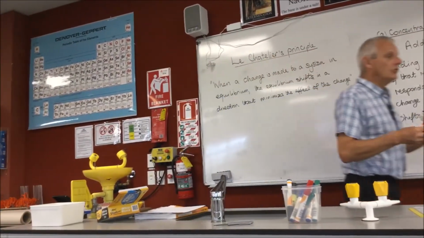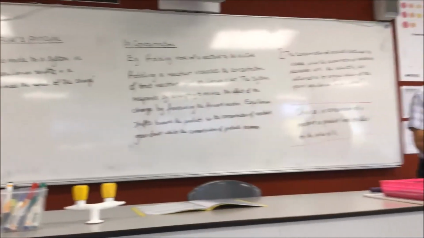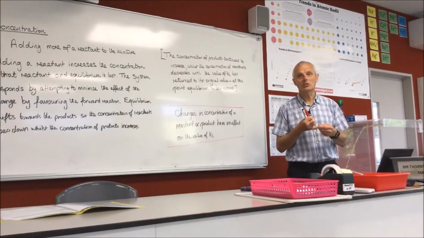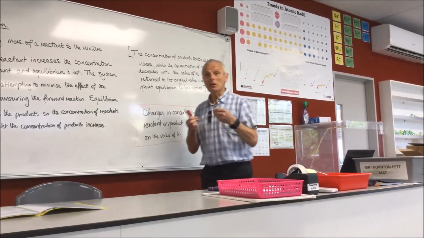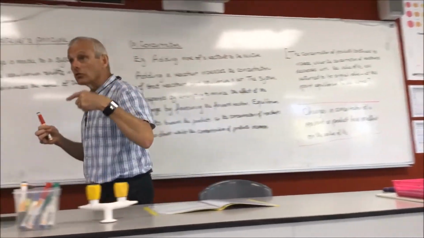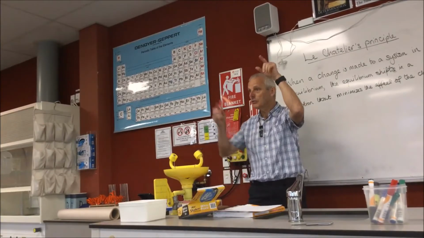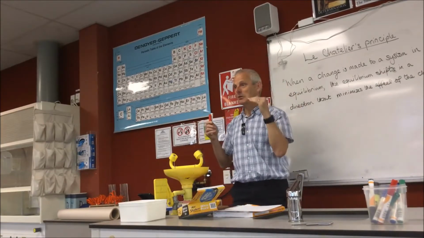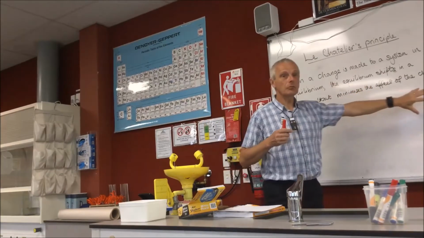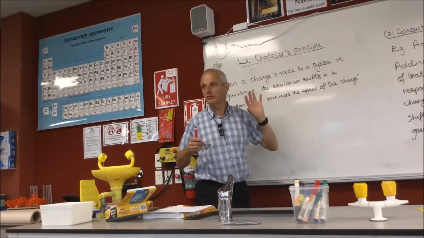So I'll go through it again just to make sure you get the idea. Increasing the concentration of a reactant temporarily means that the KC value, because you've increased the denominator, has gone down. Le Chatelier's principle is applied, so you're favouring the forward reaction.